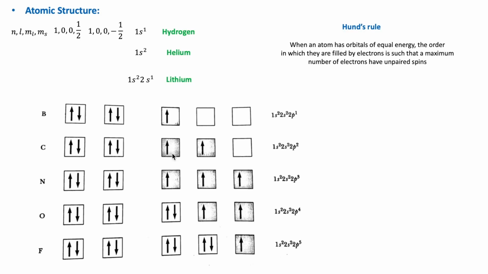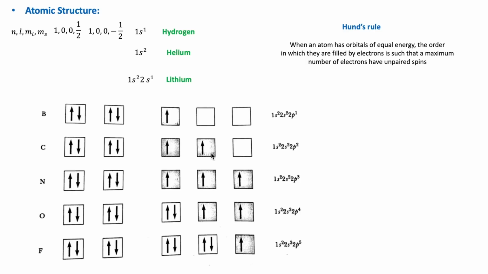And because they have different ml values, so here there are three ml values, which is 1, 0, and -1 for the subshell P, which corresponds to L equal 1. Okay. So because they have different ml values, they are described by wave functions whose spatial distributions are different.